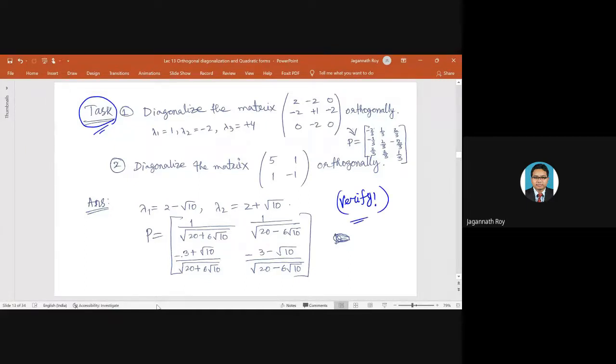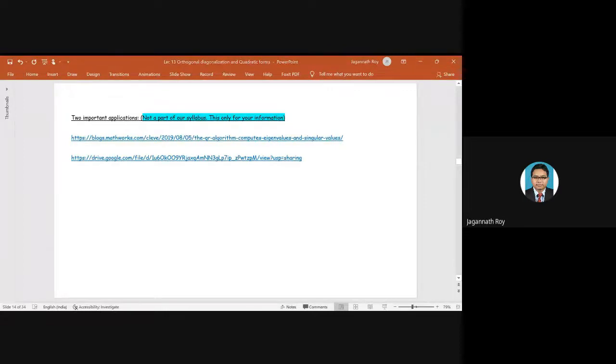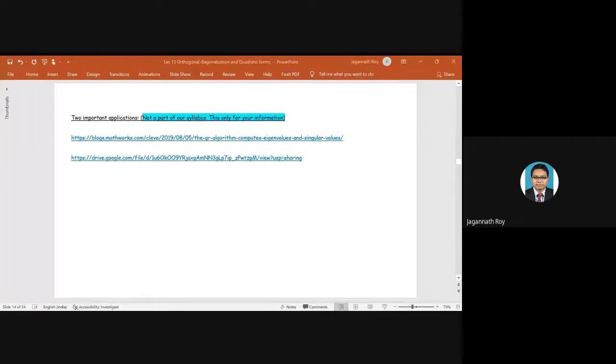Now there is the next topic. Let me show how we actually use this diagonalization process in real life applications. Let me just quickly show you two examples.